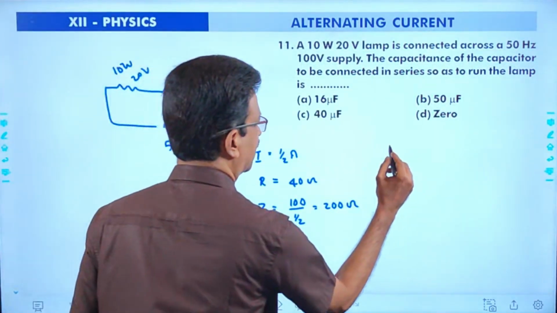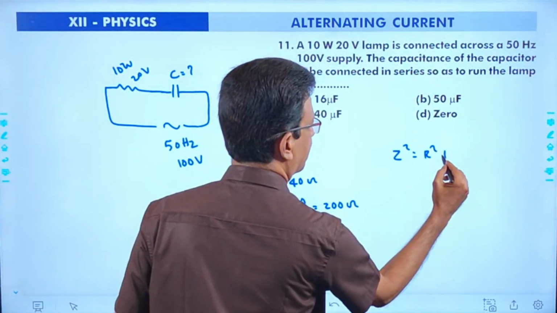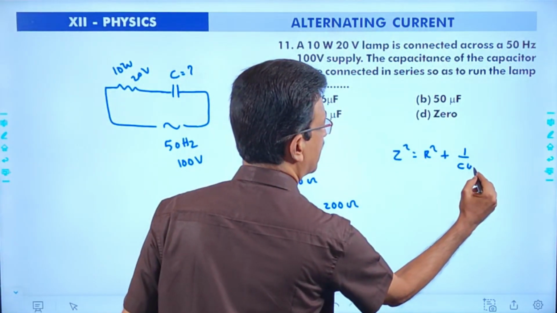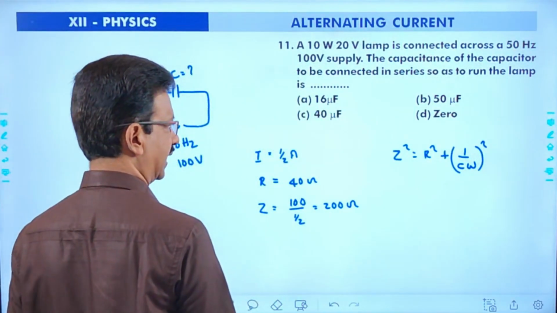Now the impedance equation, Z square equal to R square plus (1 by C omega) the whole square. Capacitive reactance is 1 by C omega.